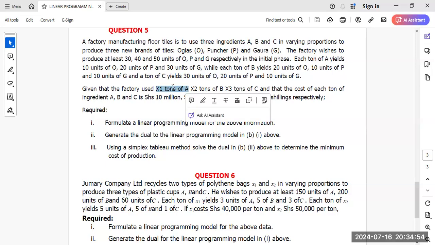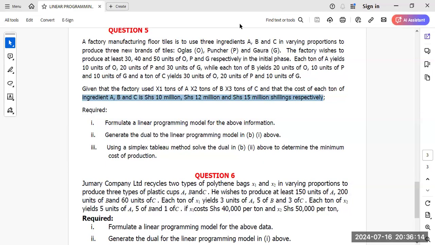Here they are trying to define for you: x1 relating to A, then x2 relating to B, then x3 relating to C. And they are telling you that the cost of each ton of ingredient A, B, and C is in shillings. This statement is going to help us to formulate our objective function.